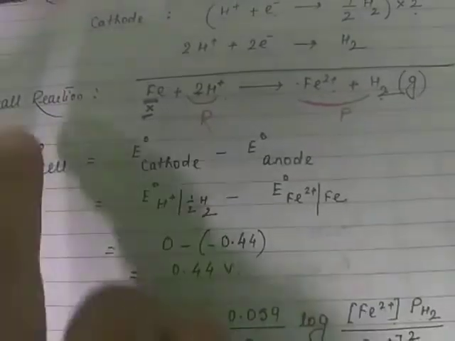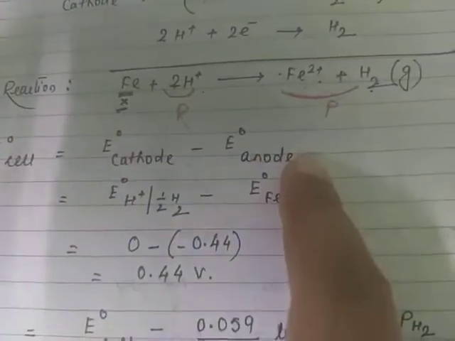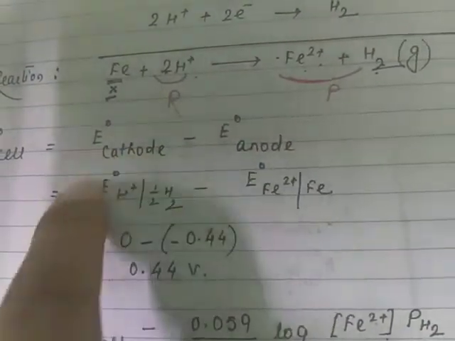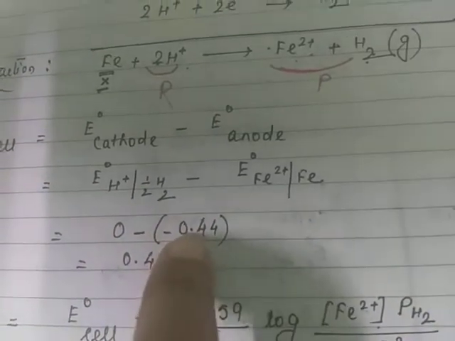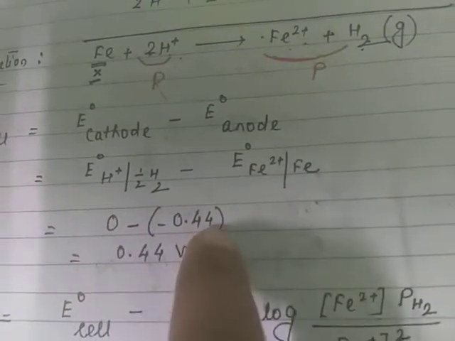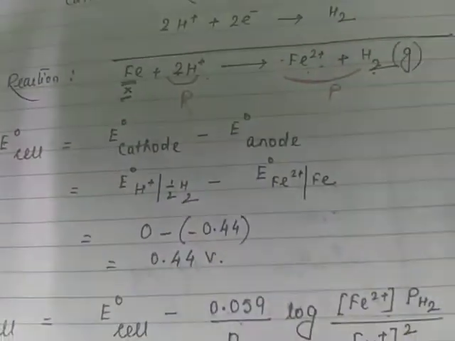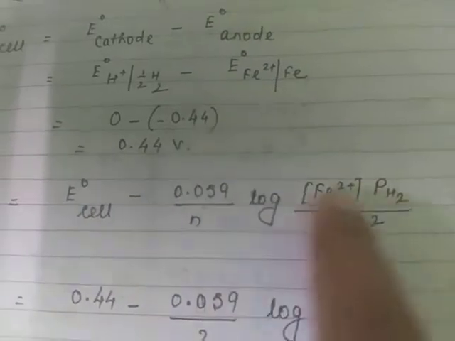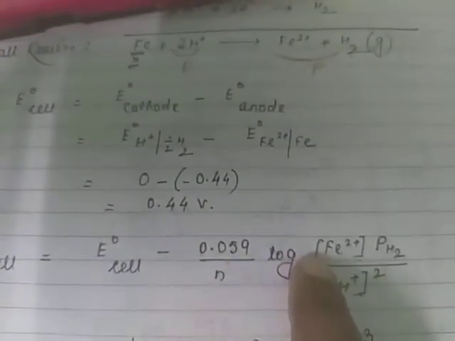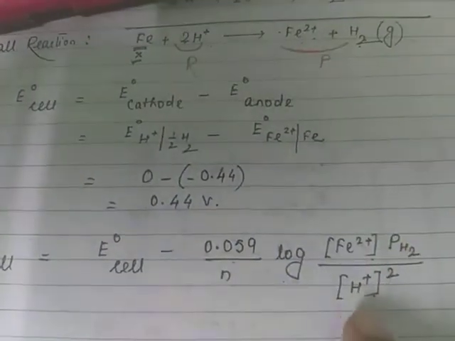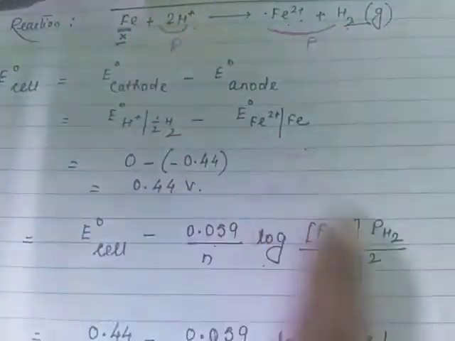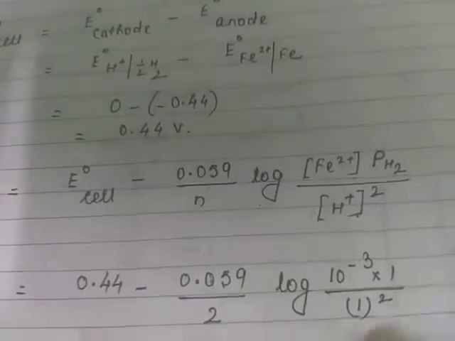So E naught cell is equal to E naught cathode minus E naught anode, and that of hydrogen is 0 minus that of iron, which is minus 0.44 volt, so that is equal to plus 0.44 volt. So E cell is equal to E naught cell minus, substituting the values, we will write this as the product concentration of Fe2+, the partial pressure of the gas hydrogen, and the concentration of H+ squared, that is due to the number of moles of H+ ion.